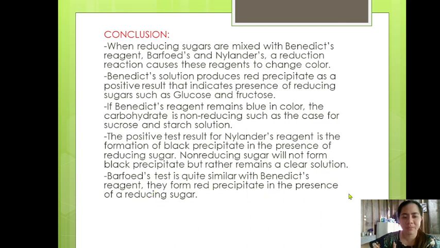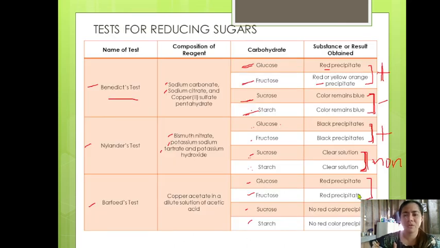They form a red precipitate in the presence of reducing sugar. So it is the same as the Benedict solution: a red precipitate is positive, while sucrose and starch in Barfoed's test are non-reducing sugars.